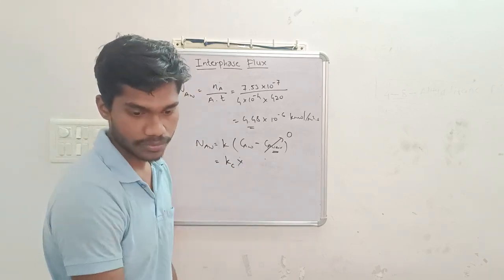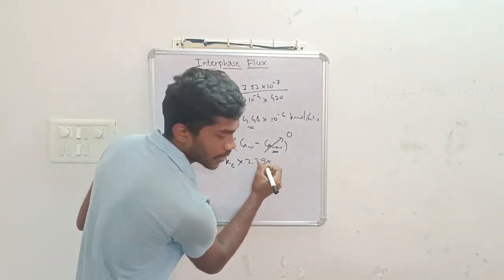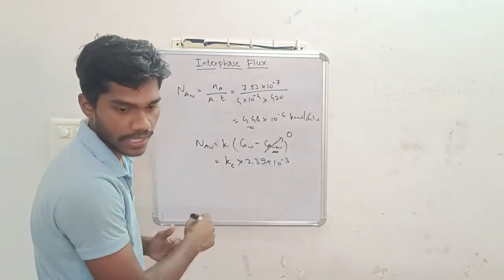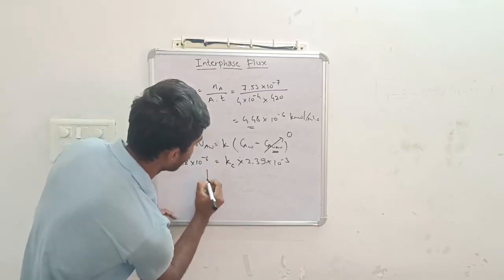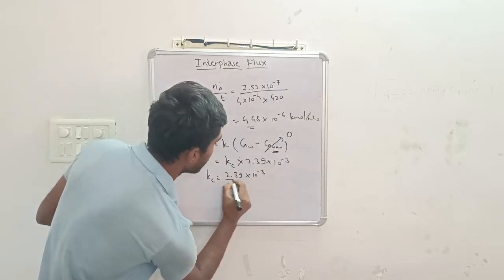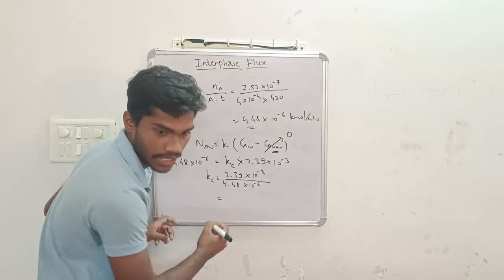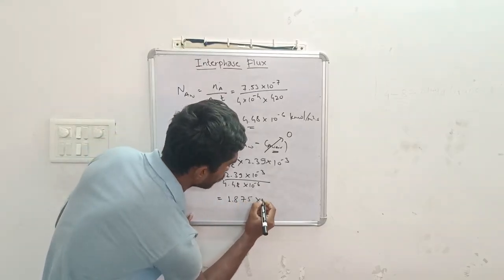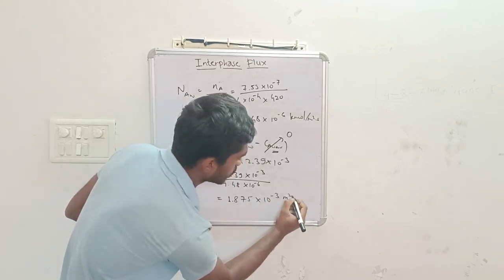CAW is 2.39 into 10 power minus 3, and NAW we have calculated as 4.48 into 10 power minus 6. So Kc will be 2.39 into 10 power minus 3 divided by 4.48 into 10 power minus 6, which equals 1.875 into 10 power minus 3 meter square per second.